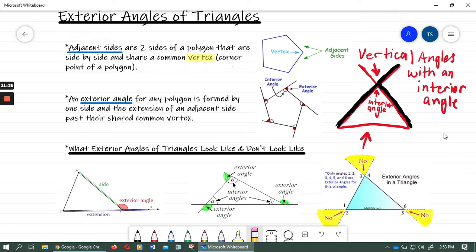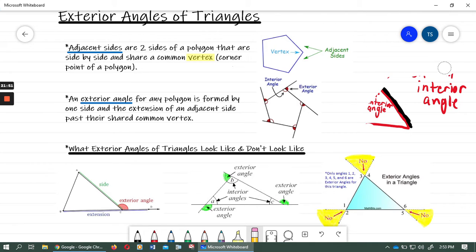But again, folks, y'all know me. I don't really like the way this right here looks. I'm about to erase this, okay? So again, I'm trying to show you what those exterior angles of a triangle look like and what they don't look like. And I think I've given you enough detail to see what they do and don't look like, based on the definition of what an exterior angle is for a polygon.